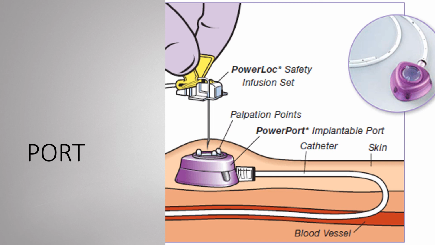And the reason for that is if you're just using regular needles, you're going to poke holes in this membrane, and the membrane will quickly break down. These non-coring needles don't destroy the membrane that you're going through. They don't create cores in it. Okay, so that's really important to know when accessing these ports.